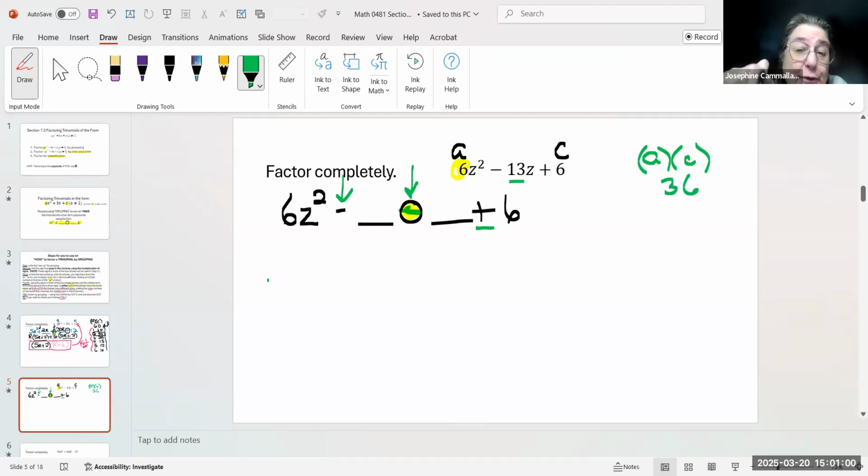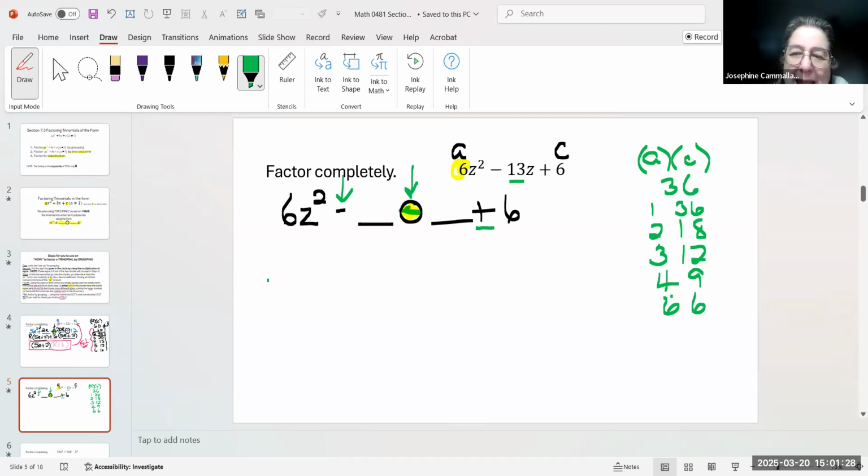Now remember, I want 13, and I'm adding to get 13. This is 1 and 36. I have 2 and 18. I have 3 and 12. I have 4 and 9. I have 6 and 6.